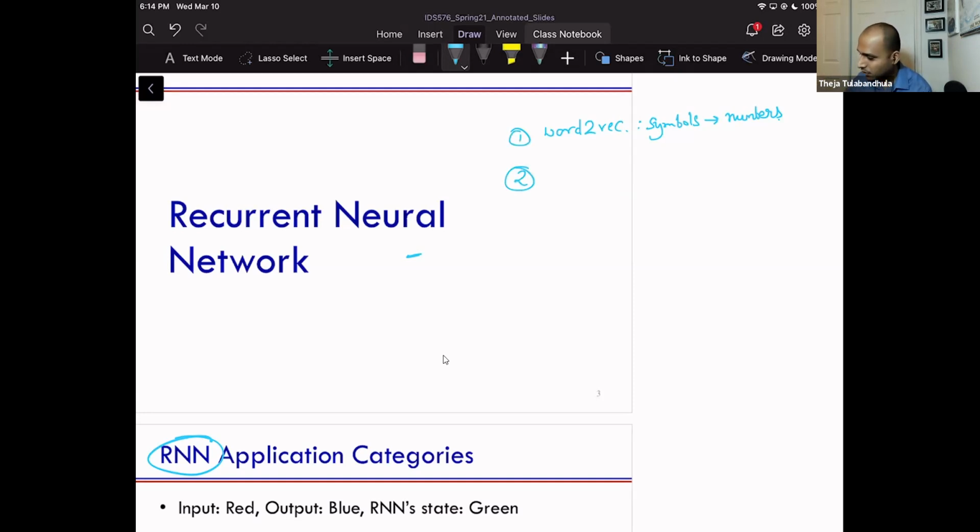The second idea was how to capture sequential relationships. And this is where we have been spending a little bit of time. Here, RNNs certainly can capture sequential relationships. But there's also, I guess, the next module, which will cover transformer architectures.